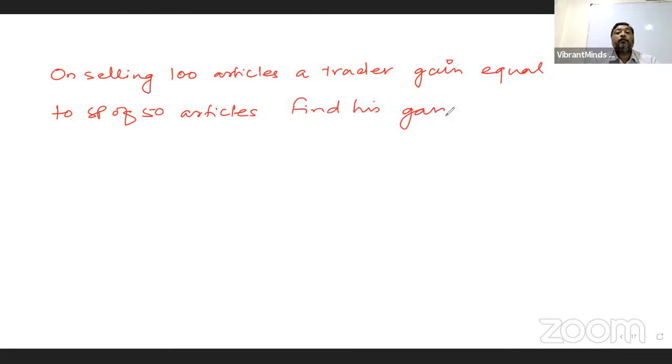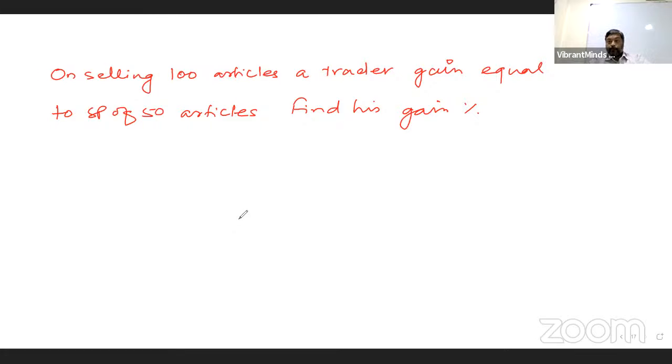Find his gain percent. On selling 100 articles, a trader gains equal to selling price of 50 articles. What is his gain percent?